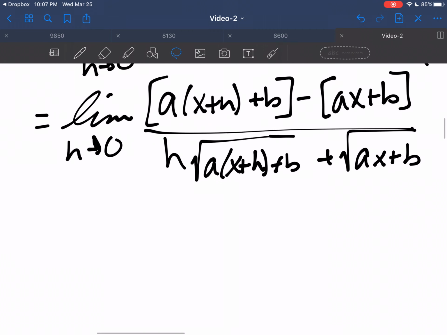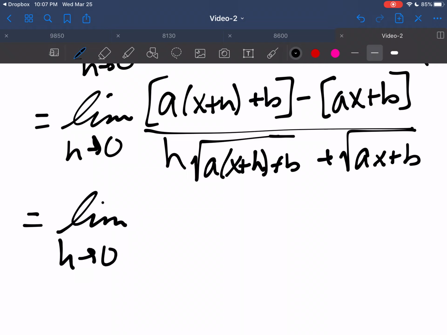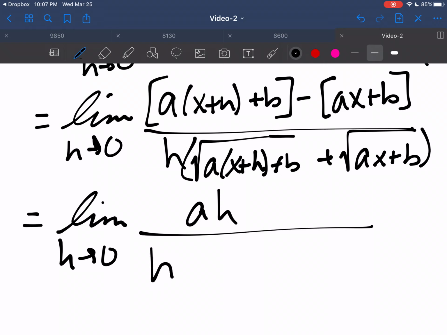And that simplifies to be the limit as h approaches 0 of ah divided by h, there should be parentheses there, around our conjugate.